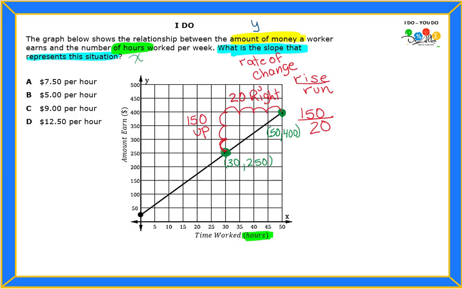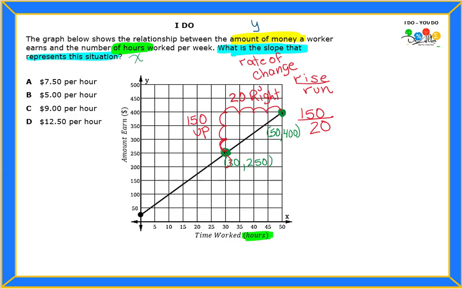One of the things you might want to consider is checking that 150 over 20 actually works. What do I mean by that? It means that instead of going up 150, I'm going to go down, because now I want to see if I do the opposite, do I really reach another point on the line? So instead of going 150 up, I'm going to go 150 down.